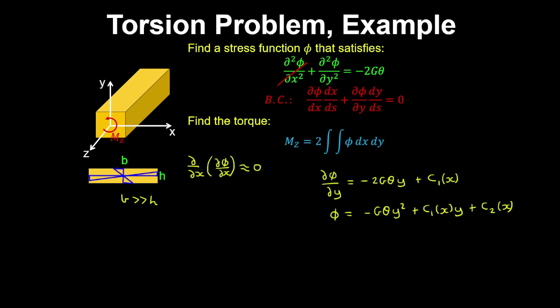Now if we apply our boundary condition, where the stress function is 0 at the boundary, so that'll be at y is equal to plus or minus the height of the section on 2, what we get is 0 is equal to minus Gθ (h/2) squared, and then plus our constant of integration C1 by h on 2, and plus our other constant of integration C2.